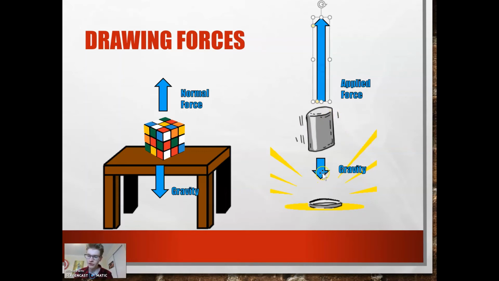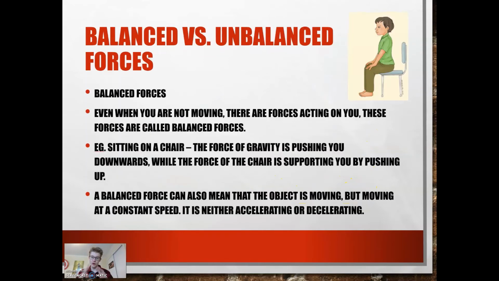So when the forces are unbalanced, when we represent them with different size arrows, the arrow that's bigger is the way that we see the object going, okay? So that brings us to balanced and unbalanced forces. You've got to understand that when forces are balanced, the object will not accelerate or decelerate, okay?